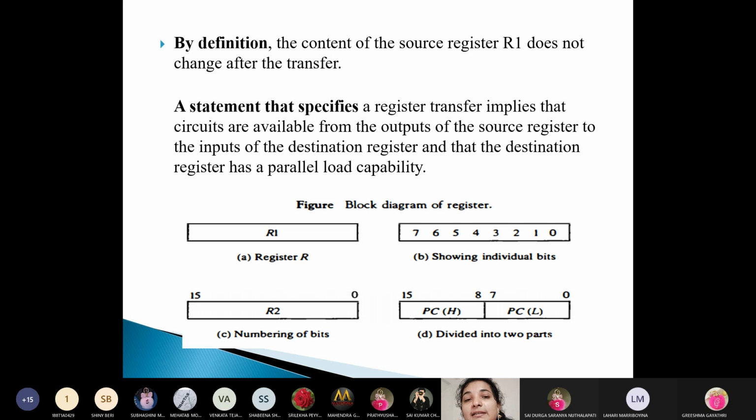So how is a specific statement represented?